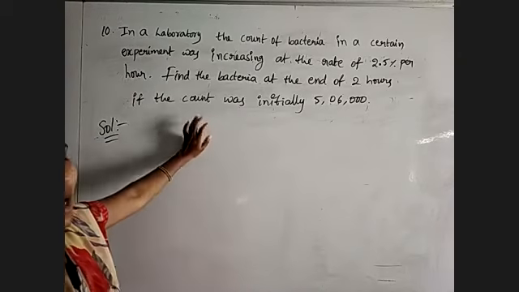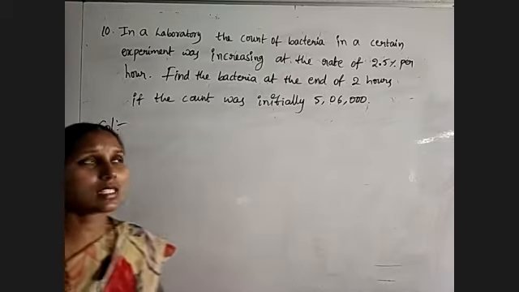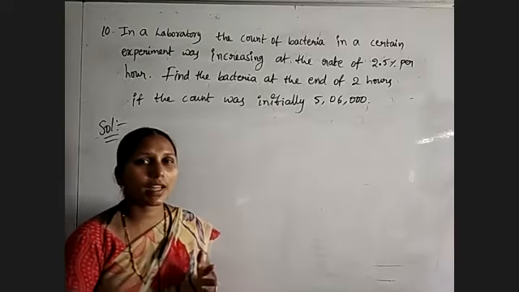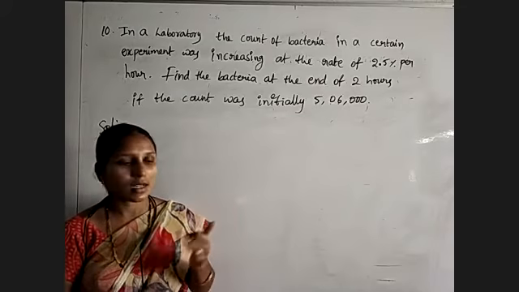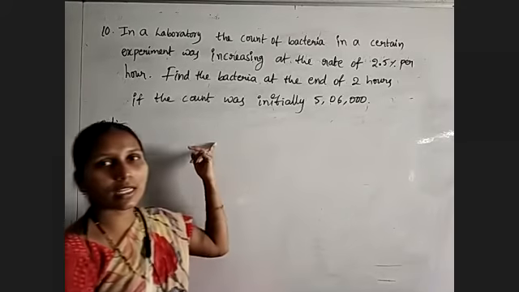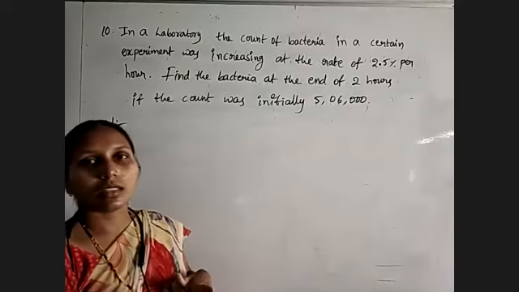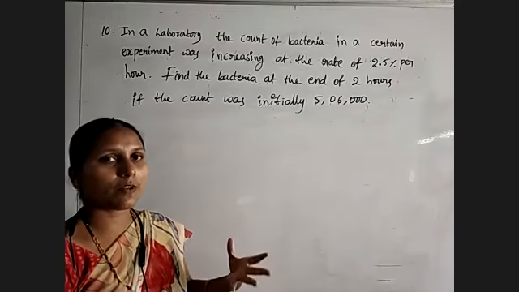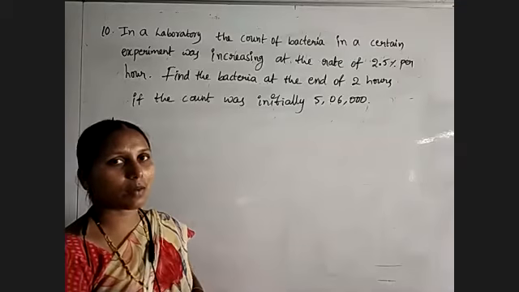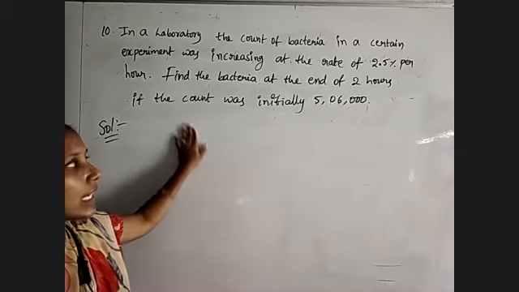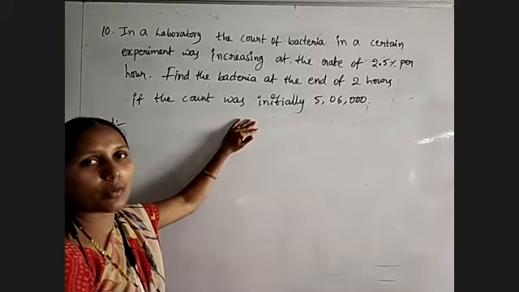In this question, they are not talking about compound interest or simple interest. But before starting this exercise, I explained where we use the compound interest formulas: in case of population, in case of enlargement or decrement of bacteria, and in case of the change in an item during intermediate years. So here also we need to calculate the count of the bacteria by using the compound interest formula.